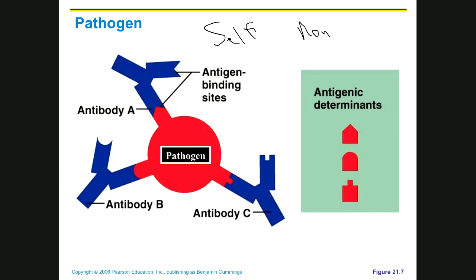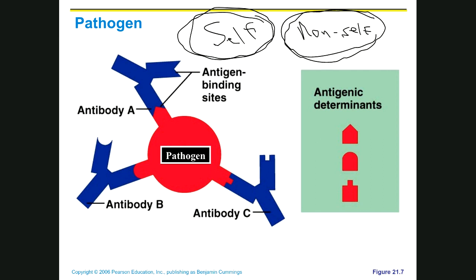If it is self, that means it's part of you, it's your molecules, it's your proteins, everything. If it's not part of you, if it's not your protein, it has a different shape, then it's going to be non-self. And hopefully the immune system will react to this and it won't react to this. Any questions about that?